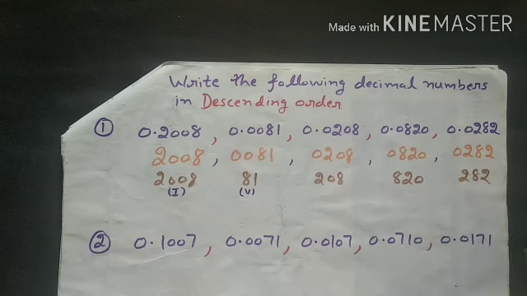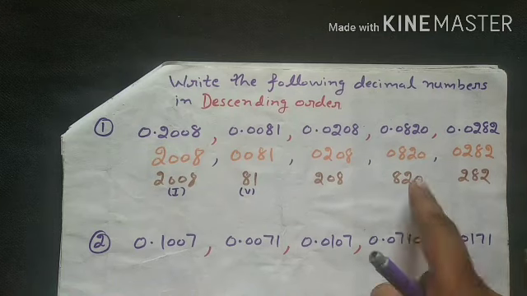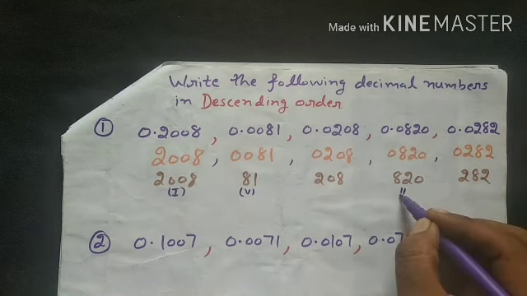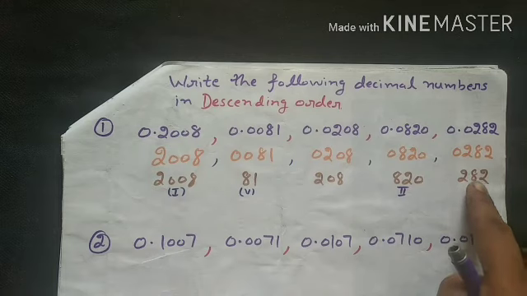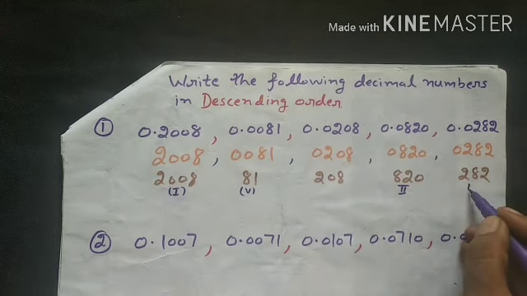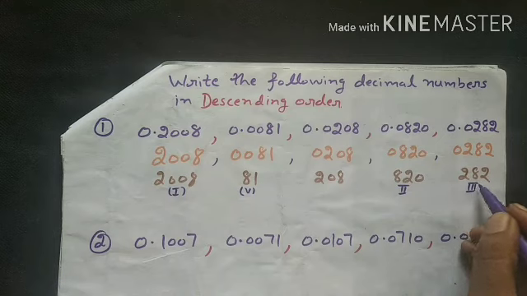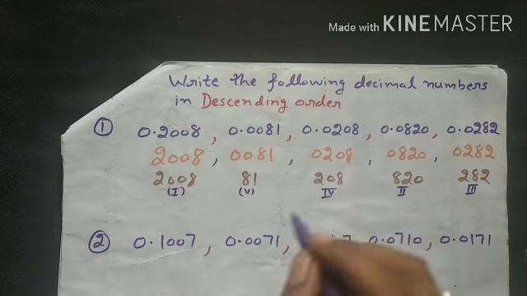So which is less than 2008? 820. So this will be at 2nd place. Now after that, which one is smaller than 820? 282 or 208? 282. So this will be at 3rd place, and the remaining one will be at 4th place.